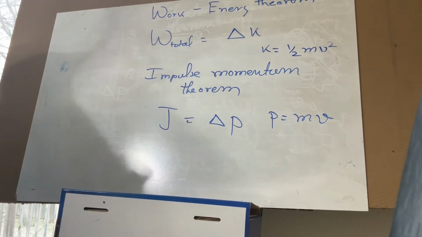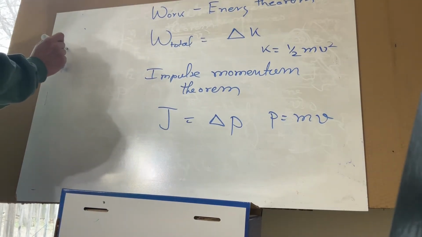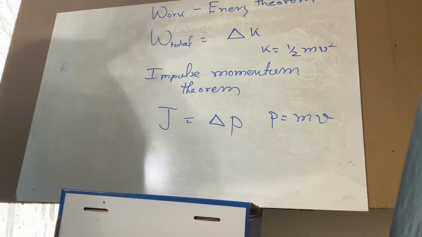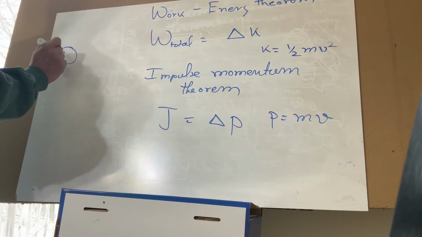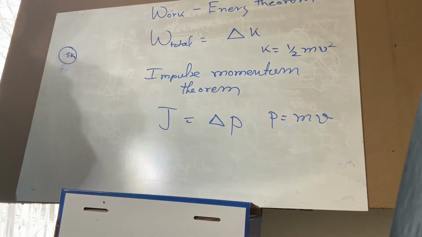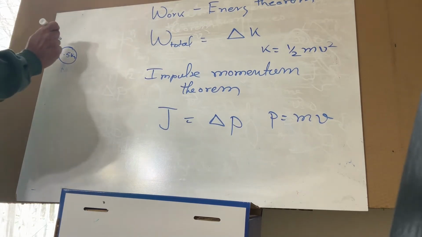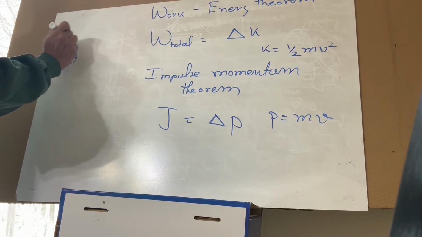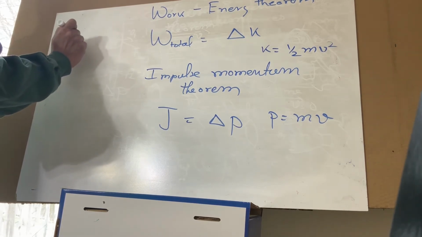In order to understand that, suppose you have an object that has a mass of 0.5 kilograms, and you throw it with the velocity of 4 meters per second.